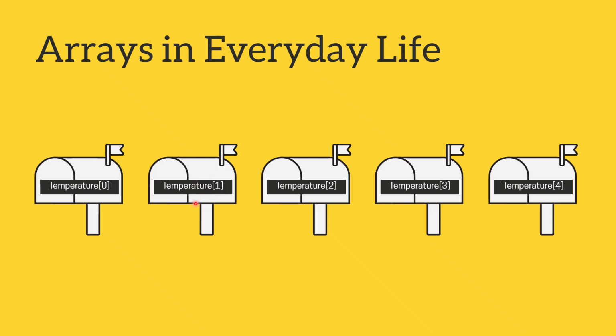When you want to read Friday's temperature, you would open mailbox 4. So instead of naming 7 separate mailboxes, you just have one group name, temperature, and you use the number to reach the right box.